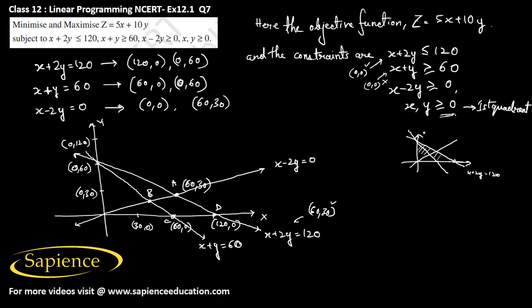And so it means this should lie away from the origin, means this part and this region. And for this straight line, for this inequality, we have to check 60, 30. Yeah, 60, 30 will satisfy it. So it will contain this region. So the intersection of these three regions will be this region. So this region is the required feasible region.